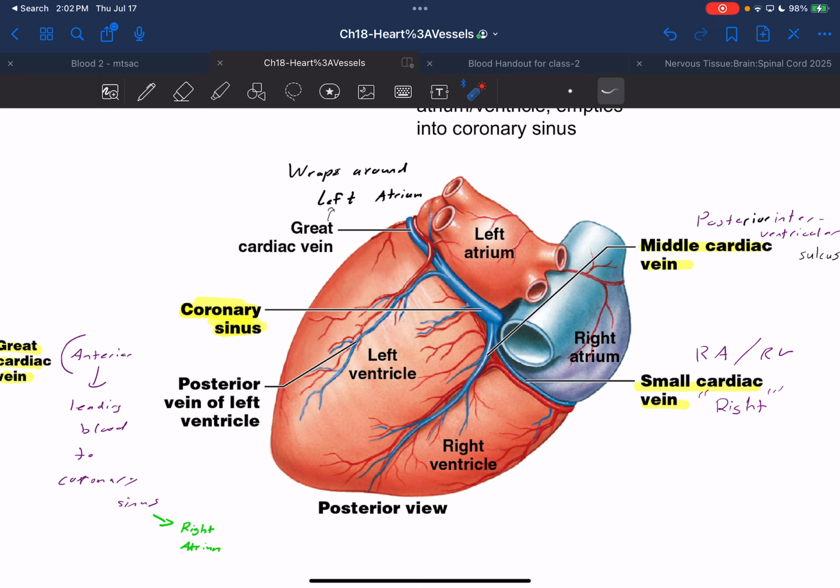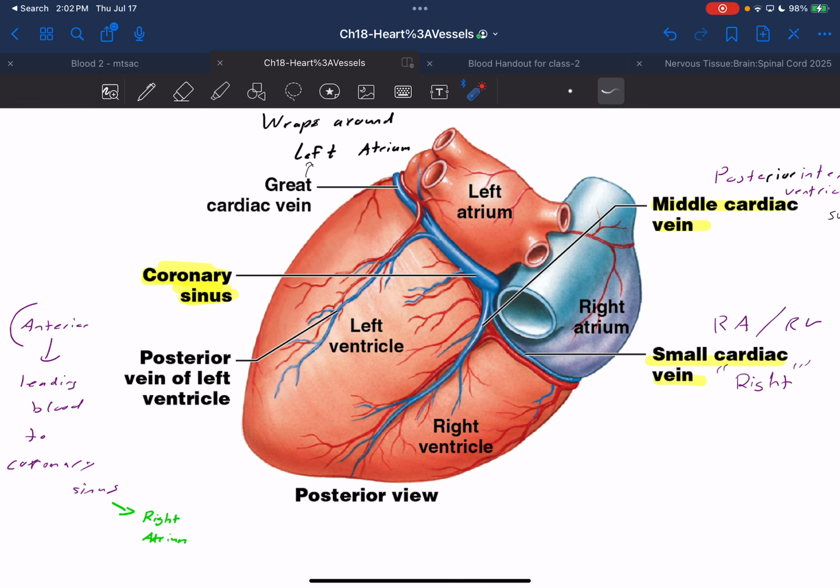And this coronary sinus's job will then be to place blood that's deoxygenated into the right atrium, which satisfies our rule that veins always really aim to drop off deoxygenated blood into the right atrium. So the coronary sinus is like the main vein for the heart. All blood will return to that coronary sinus.